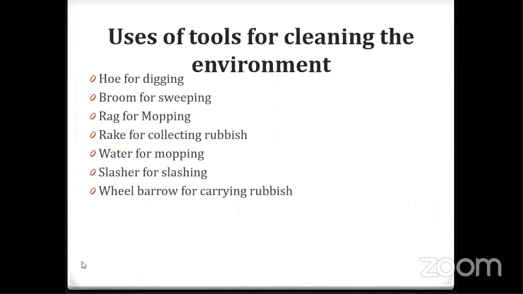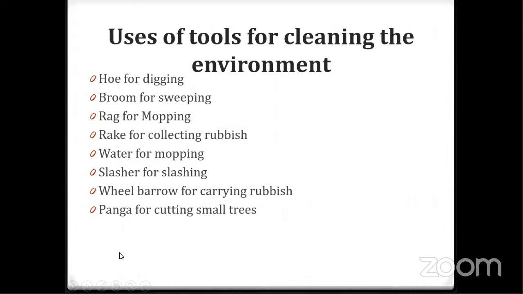Panga for cutting small trees. Linus, can you read that? Abdul? Panga for cutting small trees. Good. As simple as that.